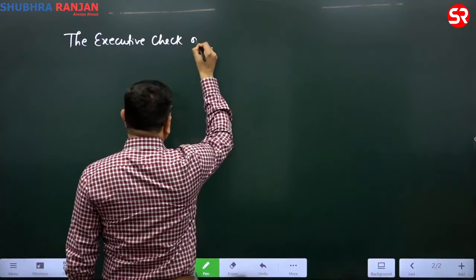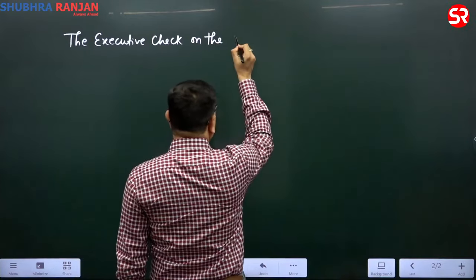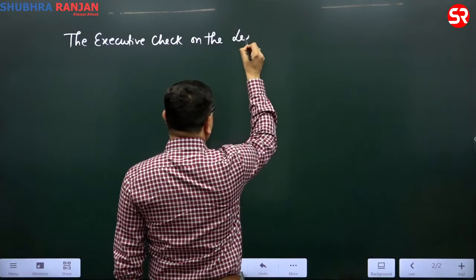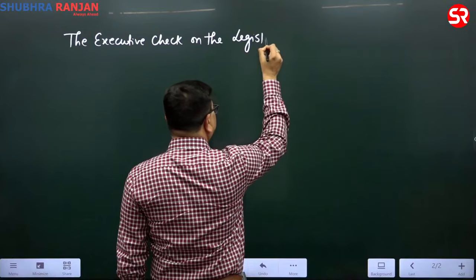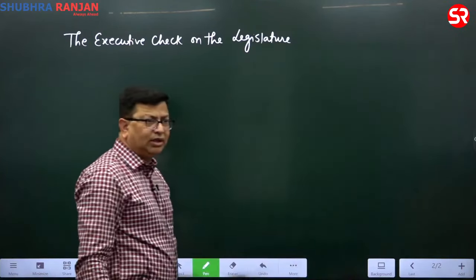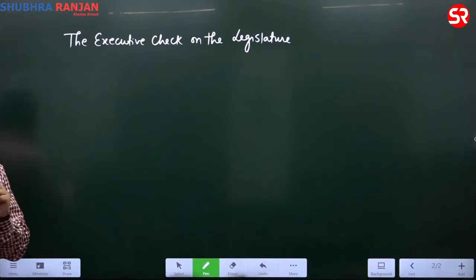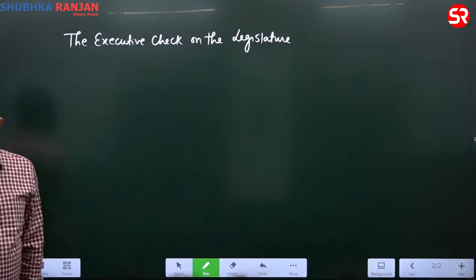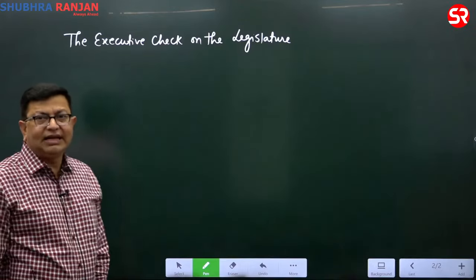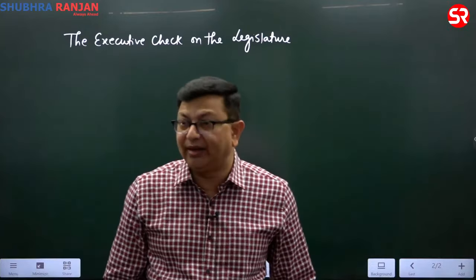The executive check on the legislature. How the executive puts a check on the legislature. Because the Senate represents the states in the United States of America.